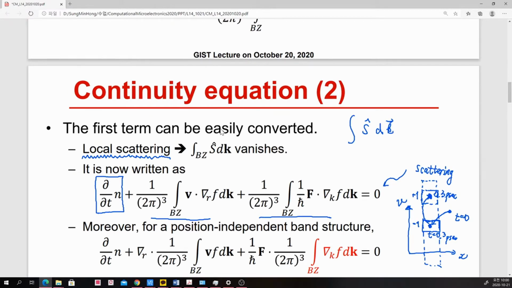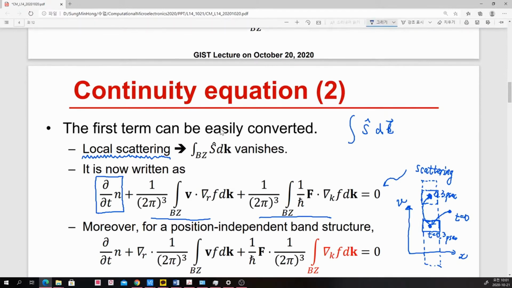Otherwise, if that is not exactly balanced, then what will happen? We would just describe the generation of electrons or annihilation of electrons. That never occurs in our description. So we have to say these numbers are perfectly balanced.